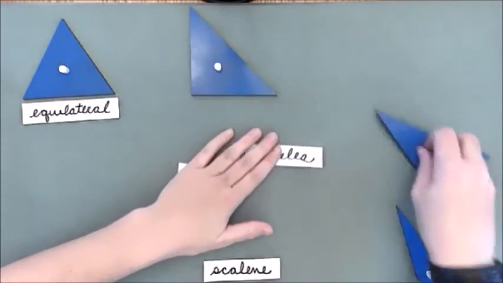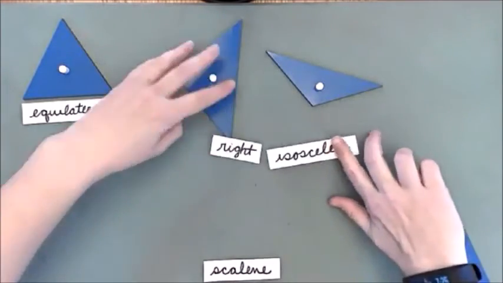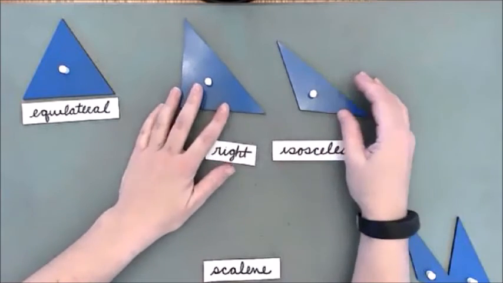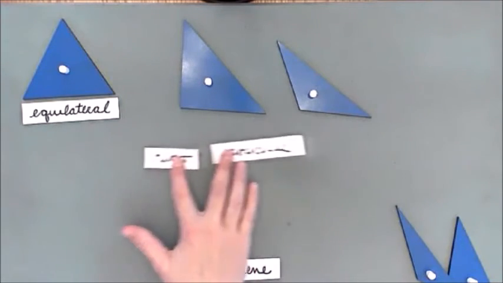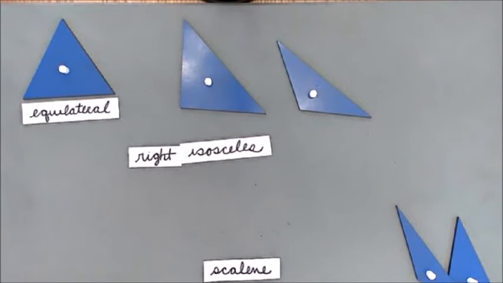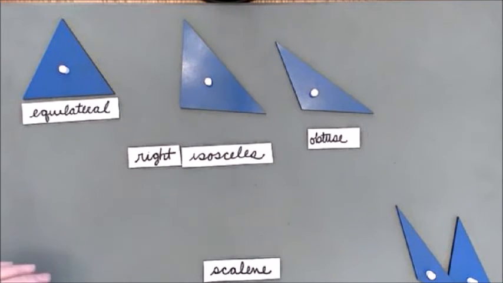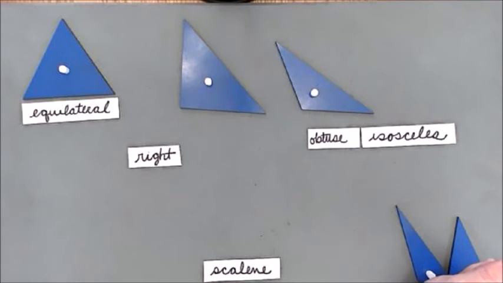These are our isosceles triangles up here. We can find one that is right isosceles by the one that has a right angle, this one right here. We can also find an obtuse isosceles triangle. There's an obtuse angle triangle, and it's also an isosceles triangle.